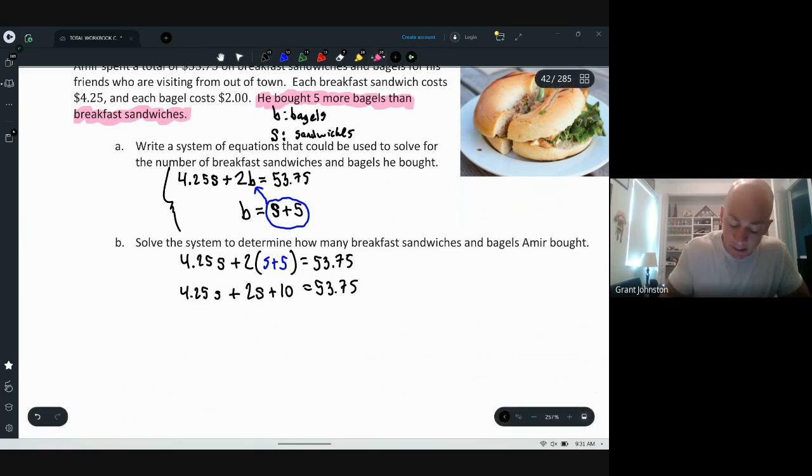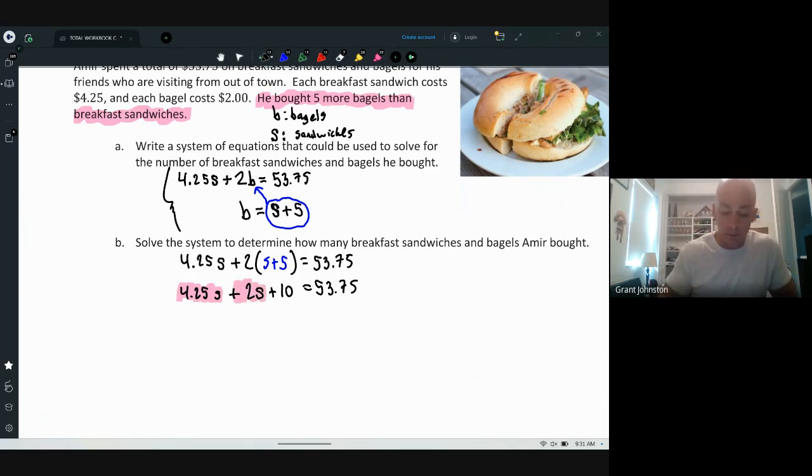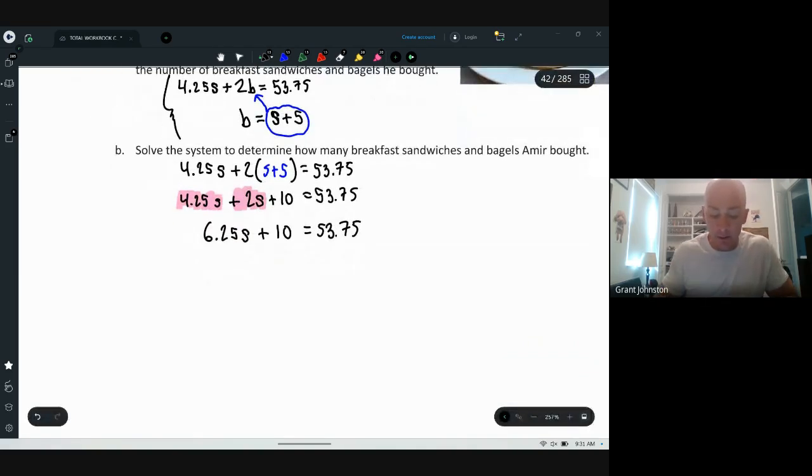I can combine some like terms here. The 4.25S plus the 2S would be 6.25S plus 10 equals 53.75. Subtract 10 on both sides.